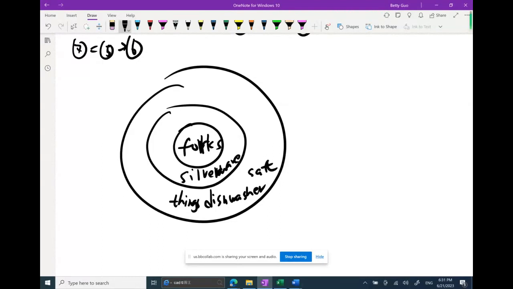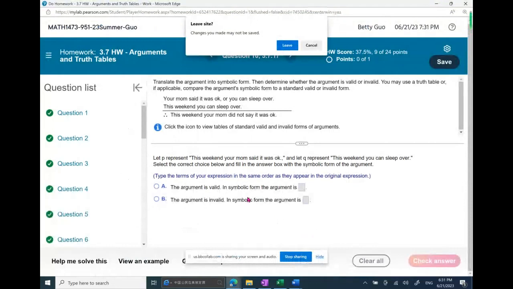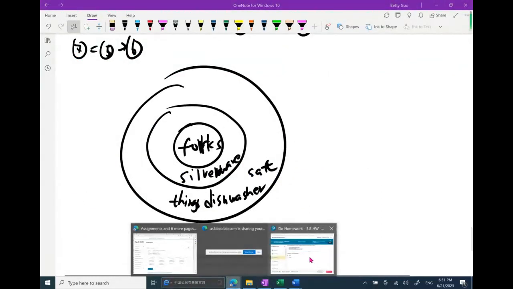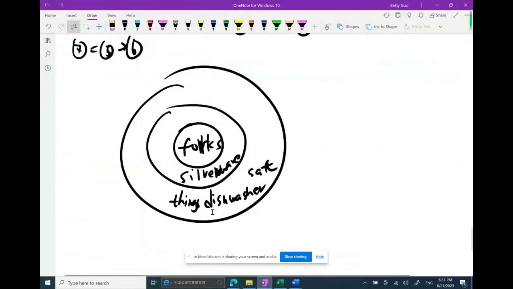All right. So the first premise says, let me go back. First, let me close this one. Section 3.8 is right here. First premise: all silverware is dishwasher safe. So that's why the second circle is inside the biggest circle.